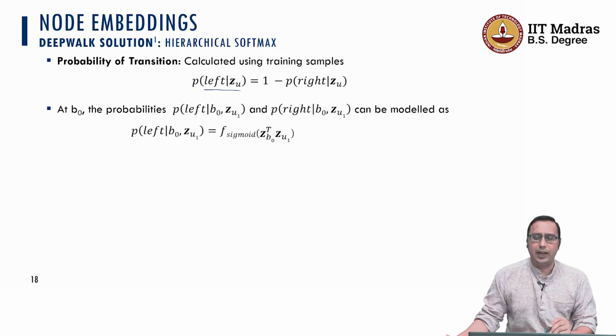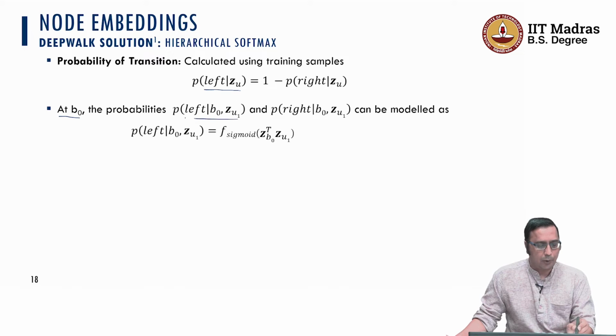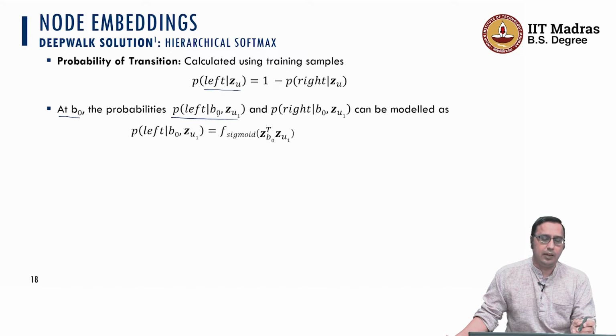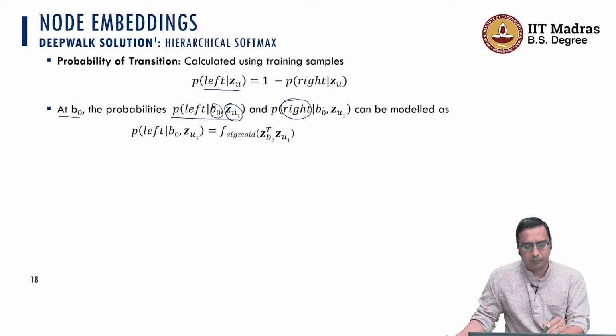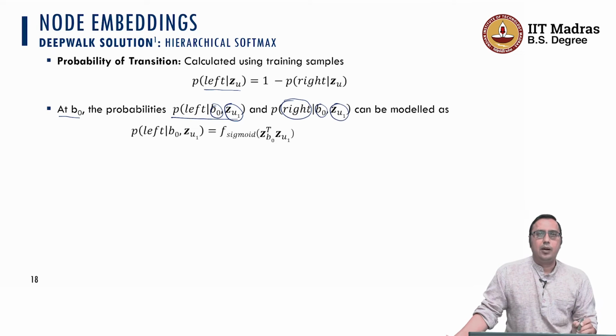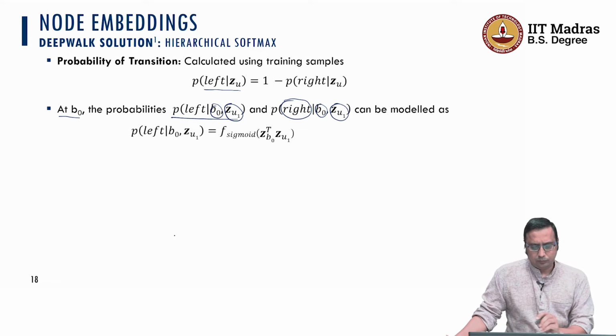Now, how can we do that? We will start at B0. Of course, the path has to start with B0 as a starting point, and we will try to compute the probability of going left given B0 and ZU1, and the probability of going right given B0 and ZU1. This can be modeled as a sigmoid function f of the inner product between ZB0 transpose and ZU1.